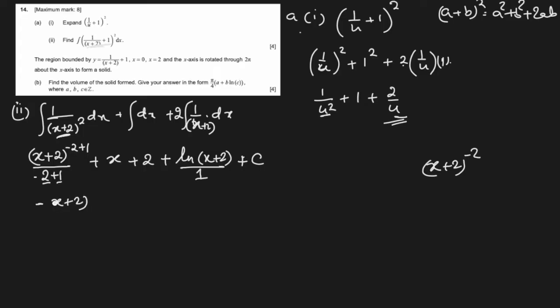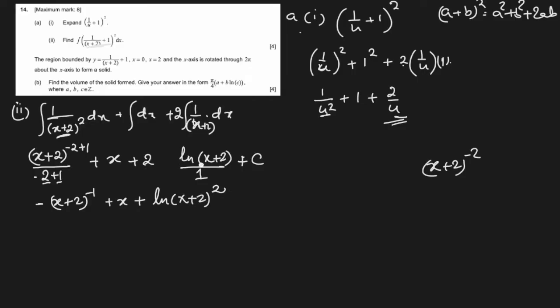So minus 2 plus 1 will make this whole thing negative: (x plus 2) to the power negative 1, plus x. 2 was multiplying with this, right? So it will be plus ln (x plus 2) square.